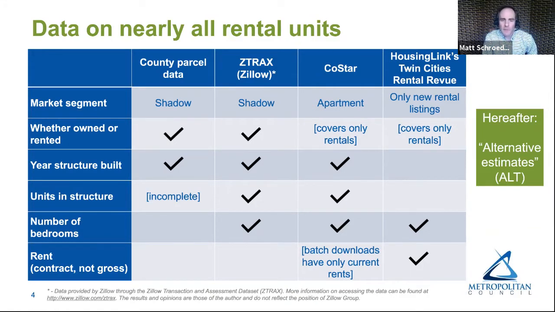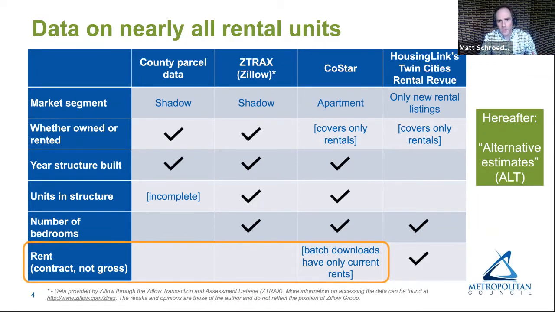So this does not have many characteristics of buildings, but does have information on rents that is specific to each year and each number of bedrooms, as well as to shadow versus apartment markets. So even though the main data sources that do cover collectively nearly all rental units don't have rent data, it's still possible to approximate them, which is why I want to say that these are really not any sort of benchmark.